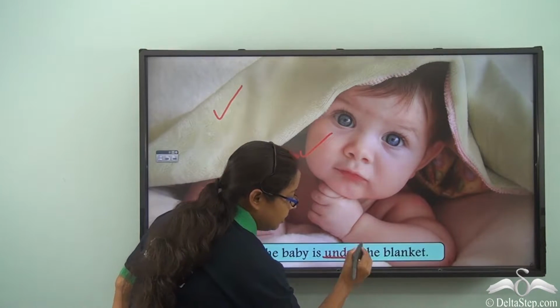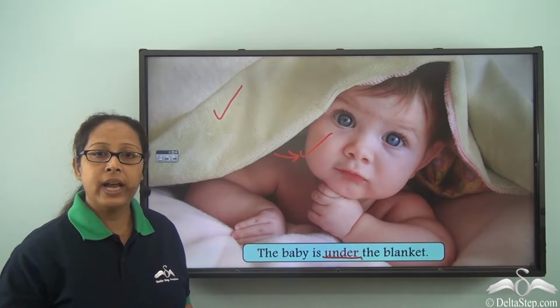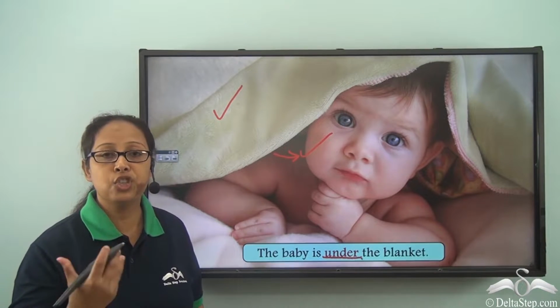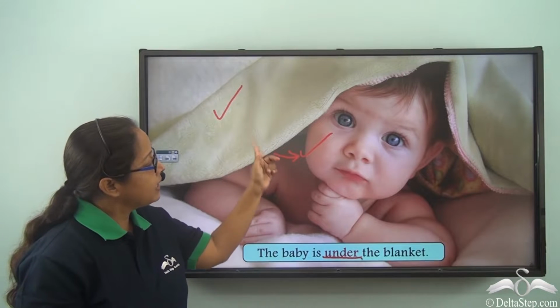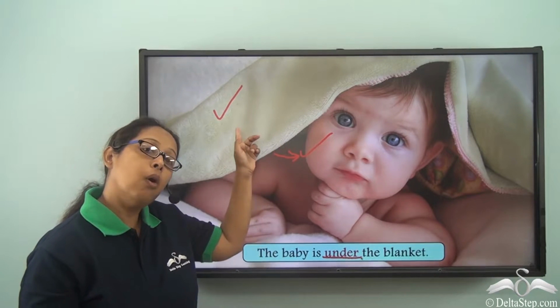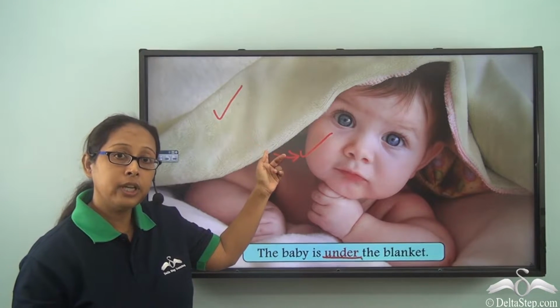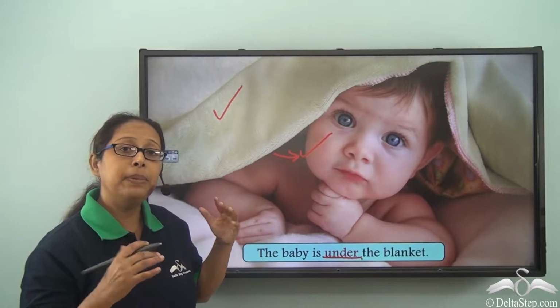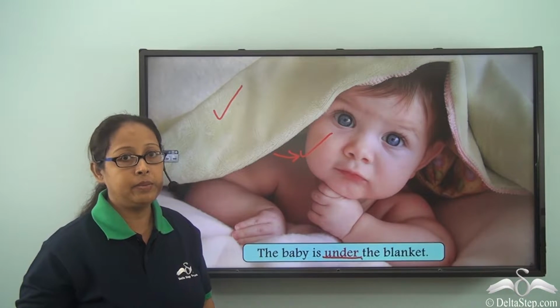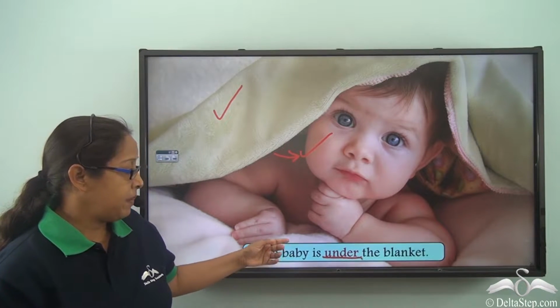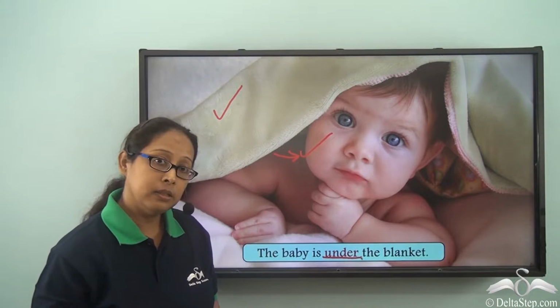So under is showing us where the baby is, the position of the baby. The baby is under the blanket or is directly below something. Here we are talking about the blanket. And the blanket is covering the baby. The baby is under the blanket.